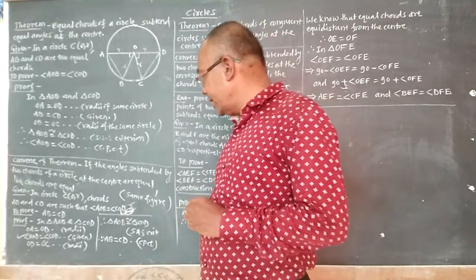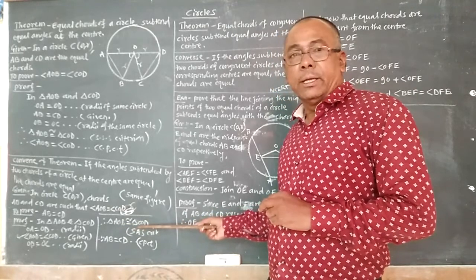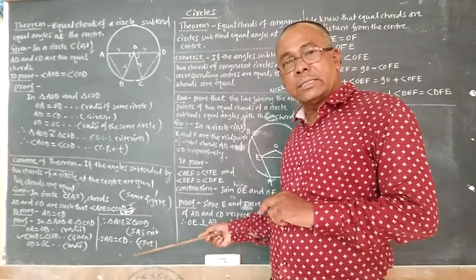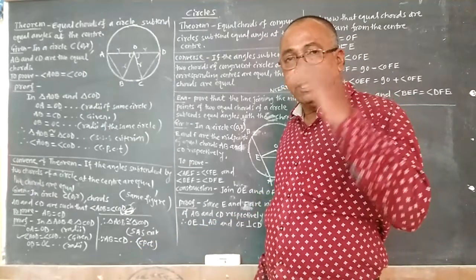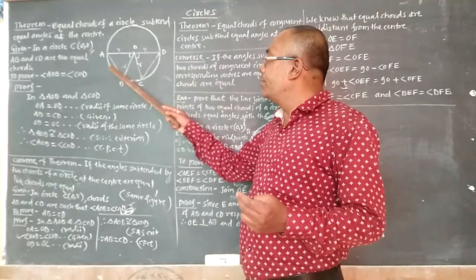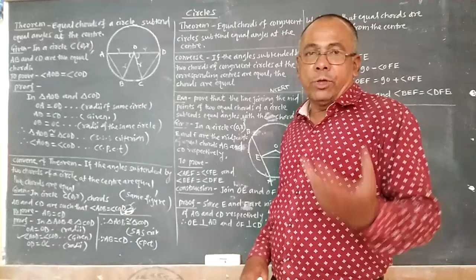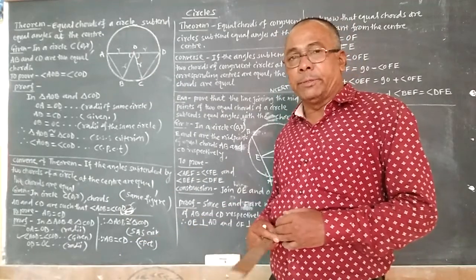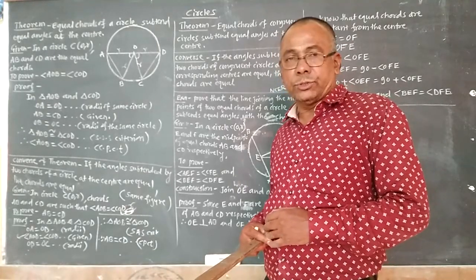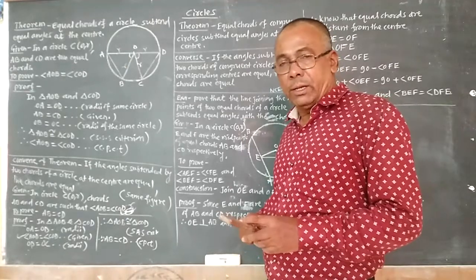And therefore we can say that triangle AOB congruent triangle COD, that is by SAS congruent criteria, and if the two triangles are congruent, then corresponding sides are equal, that is AB equal to CD. In this way we have proved that if the angles subtended by the two chords with the center are equal, then chords are equal.